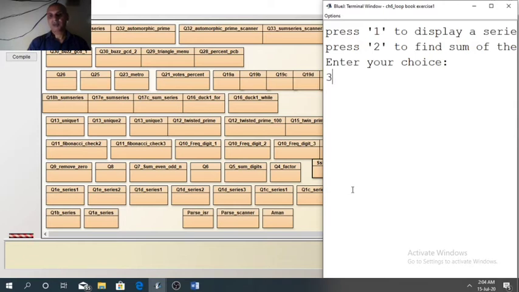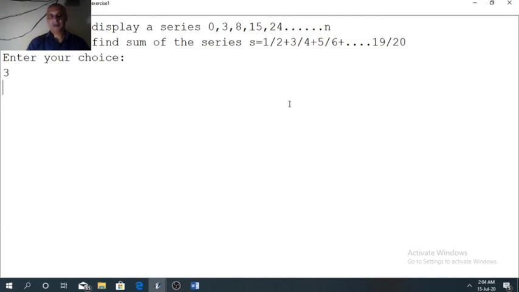Suppose we are entering choice number 3. So it will go to default.